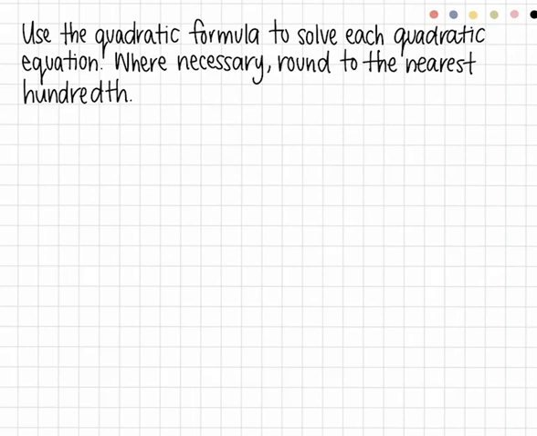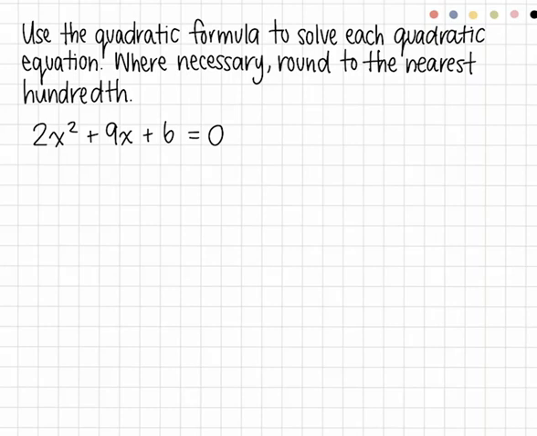So let's put the quadratic formula into action here. I'm going to write down a quadratic equation. We have 2x squared plus 9x plus 6 equals 0. Lovely.